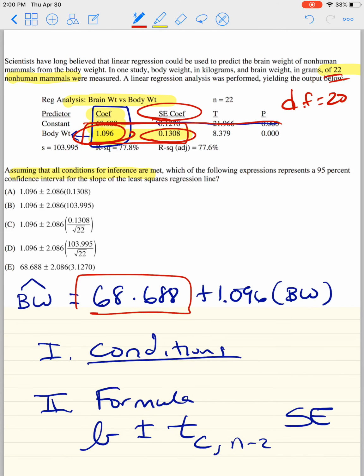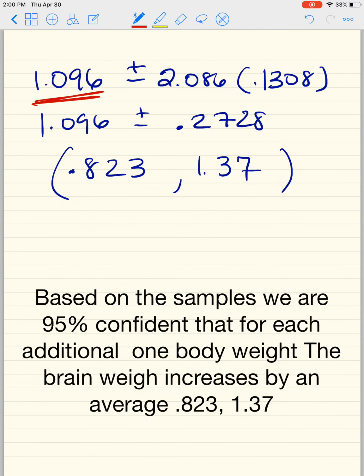Just to remind you and not get you dizzy, 1.096, 0.1308. You figure it out. You take 1.096 and you add it, you get this. 1.096 and you subtract it, you get this. Now here's your confidence interval, which is step two.